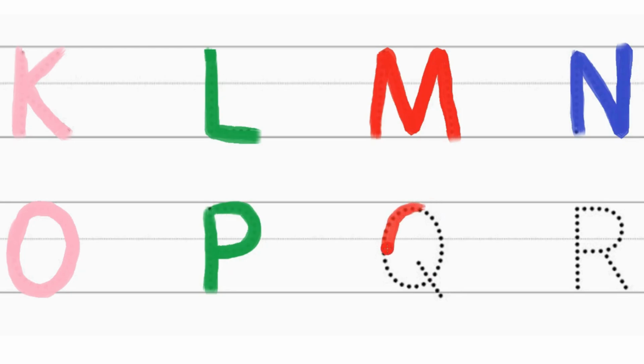Let's write Q now. First write O and then add a tail.